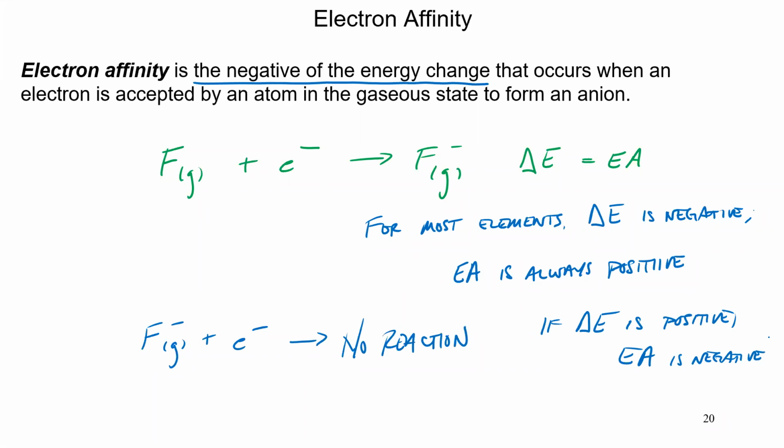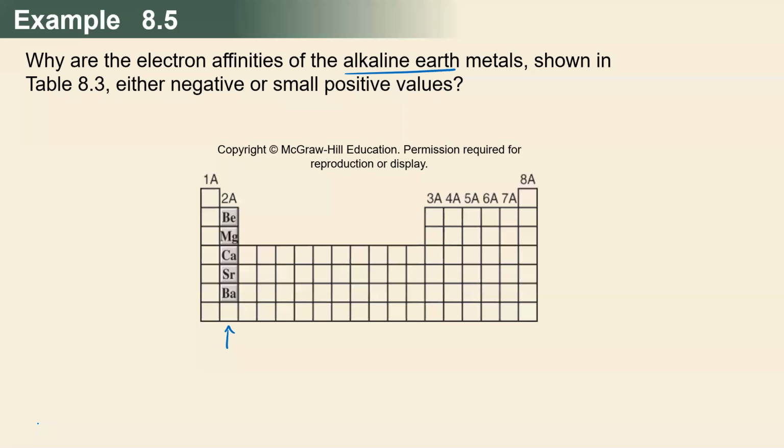But that's a very rare case. One of those cases is these alkaline earth metals. So these have either slightly negative values or very small positive values. But in any case, these are very small electron affinities. Who's got a good guess as to why?